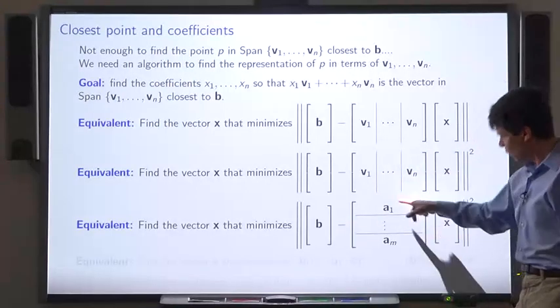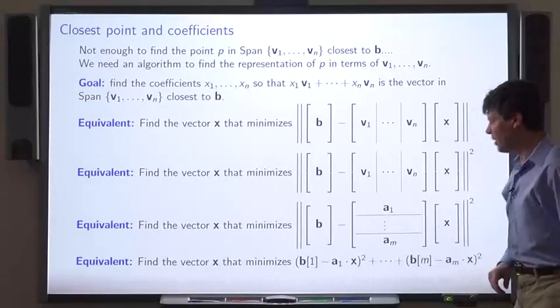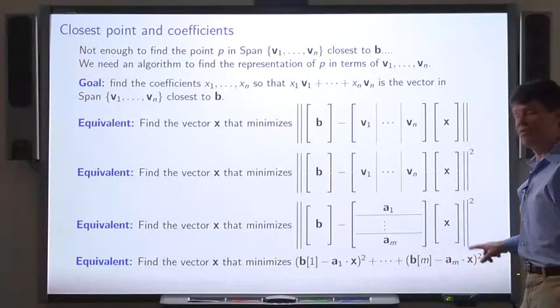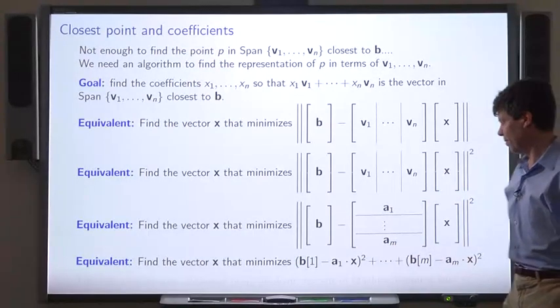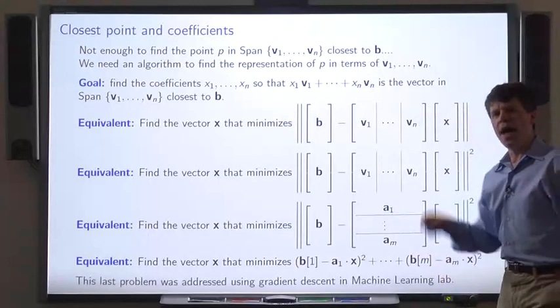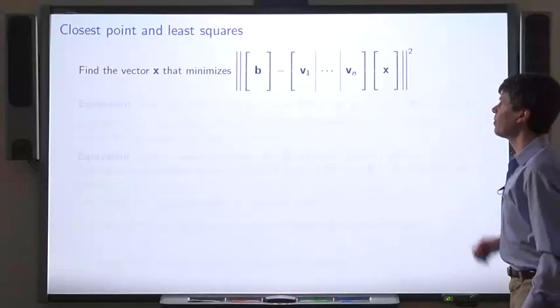We've written it here, where the rows are the vectors a1 through am. Then this problem is equivalent to minimizing this sum of square differences. And this is the problem that we addressed with gradient descent.